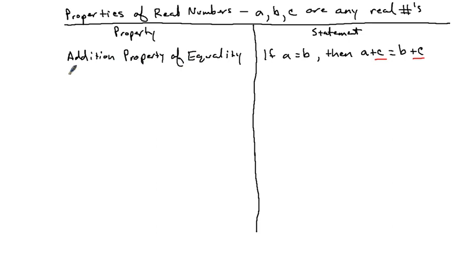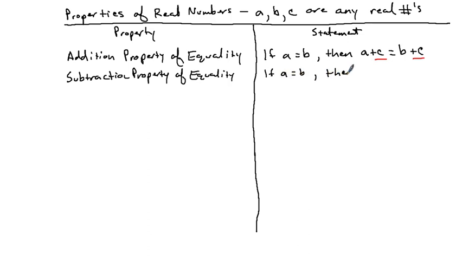Right? We're going to have the subtraction property of equality. It says if A equals B, then A minus C equals B minus C. So again, same thing. If you have an equation and you subtract something from the left side, you have to subtract it from the right side.